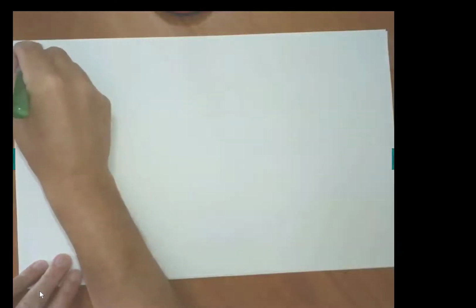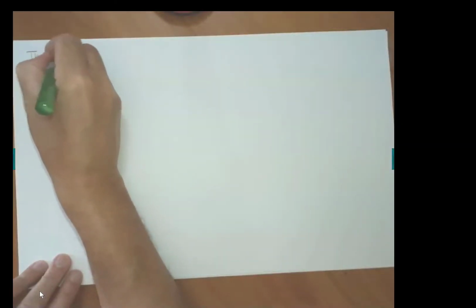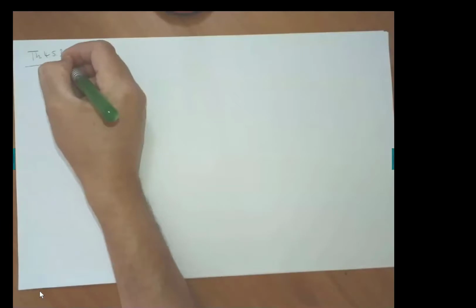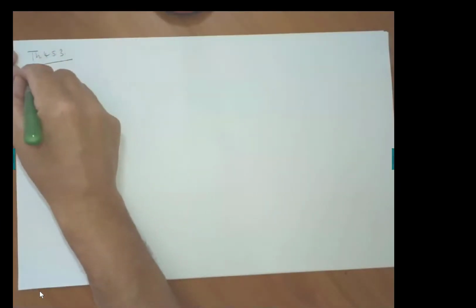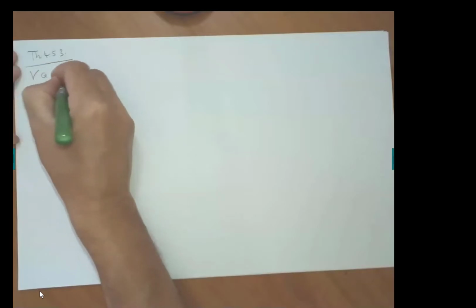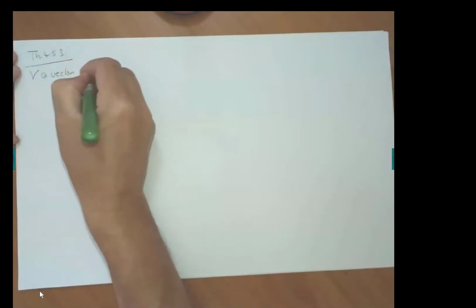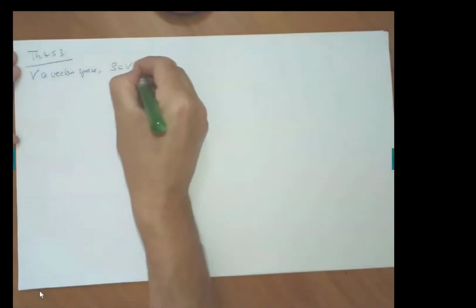So in your book, that is Theorem 4.53. Again, we have V, always for us a vector space, and S in V a subset.